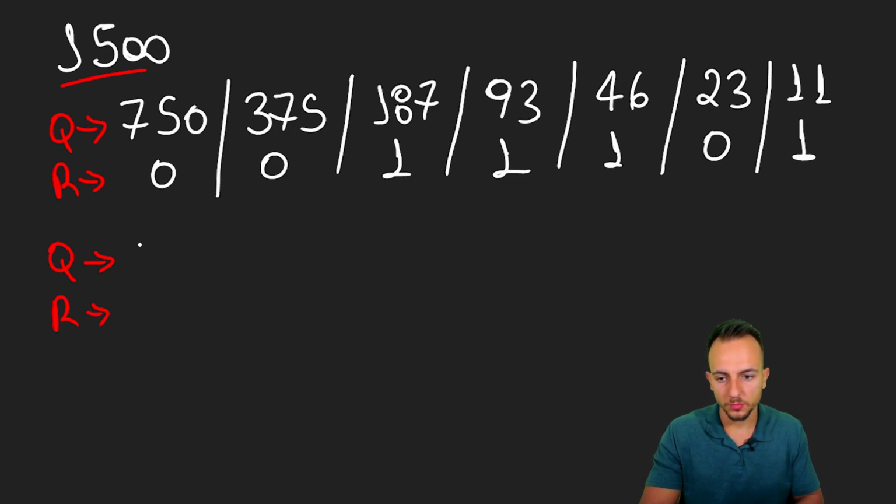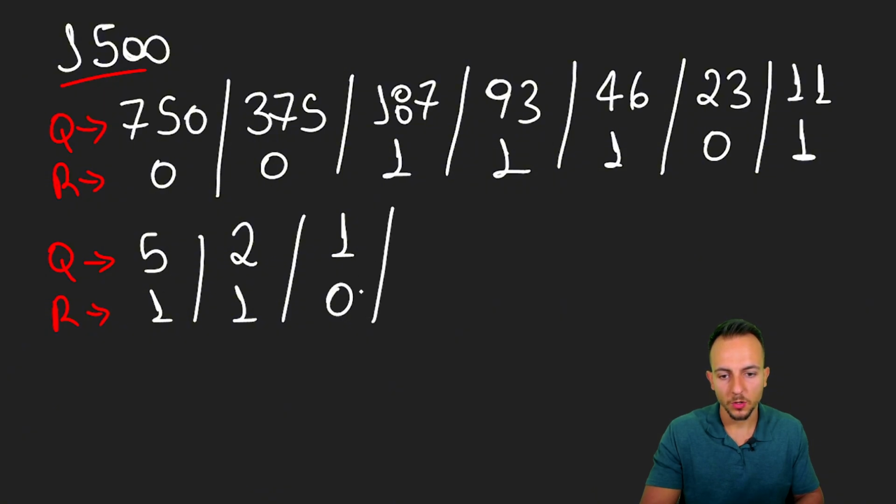Let's move on to the next row. 11 divided by 2 is going to be 5, and the remainder is 1. 5 by 2 is 2, and the remainder is 1. 2 by 2 is 1, and the remainder is 0. 1 by 2 is 0, and the remainder is 1.